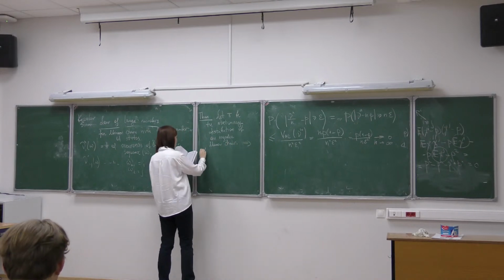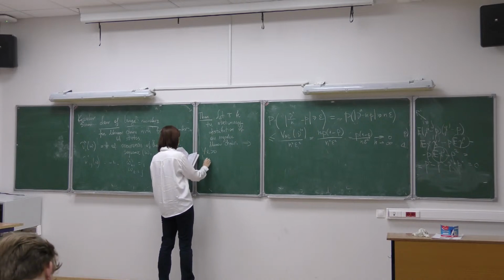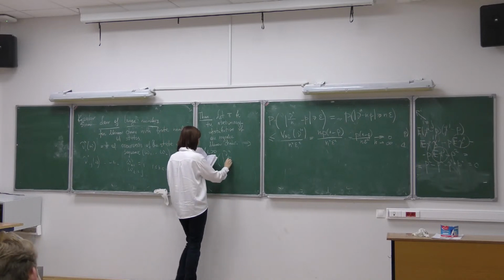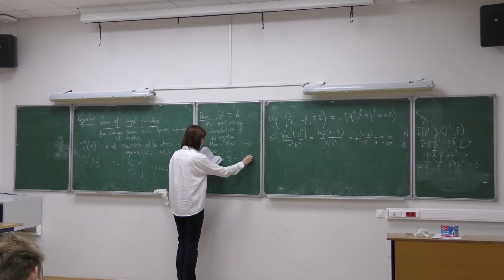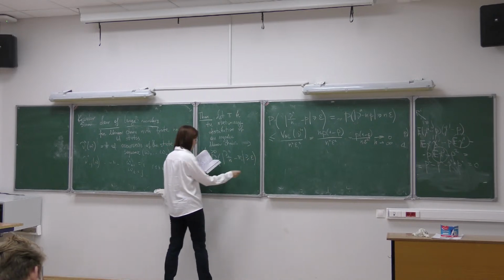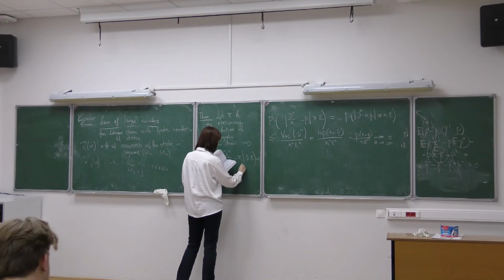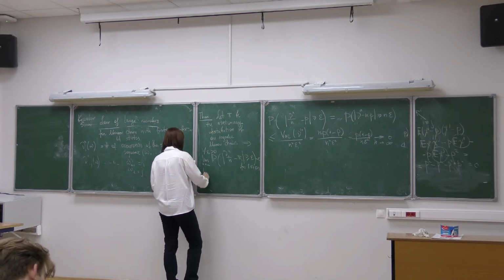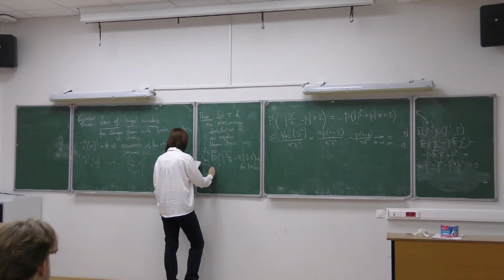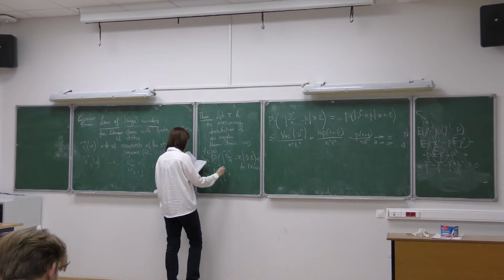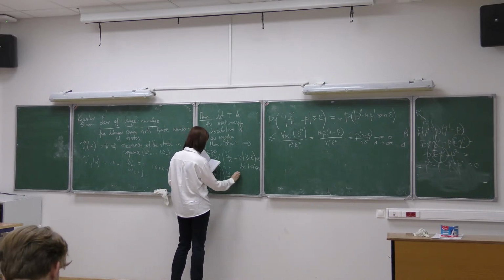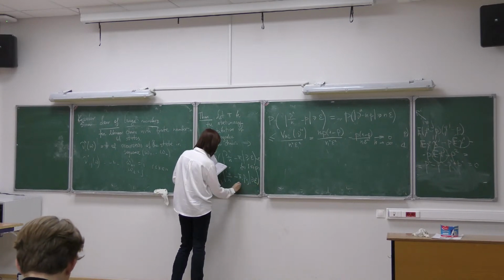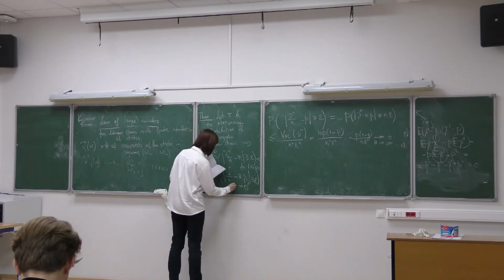Then, for any positive epsilon, the limit of the probability that nu_i^n over n minus pi_i is greater than or equal to epsilon is equal to 0, for i between 1 and k. And the probability that nu_ij^n over n minus pi_i p_ij is greater than or equal to epsilon. So this probability is equal to 0 again.